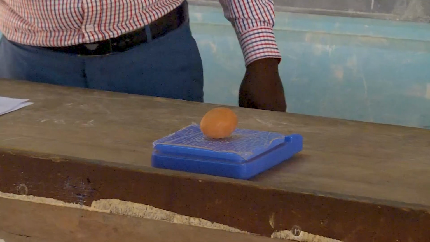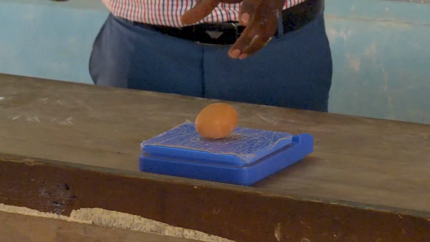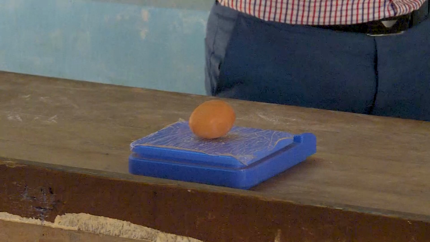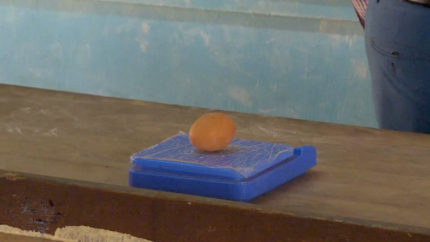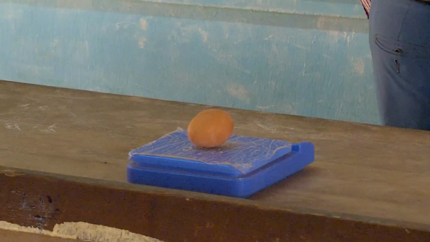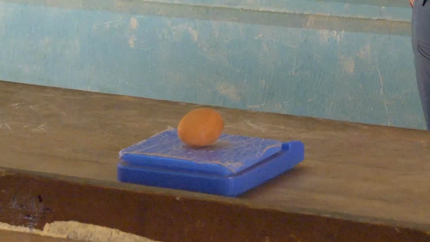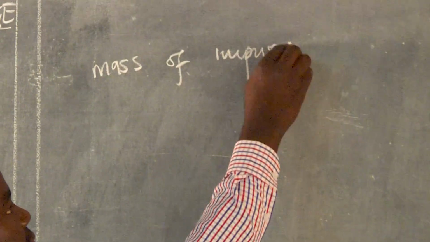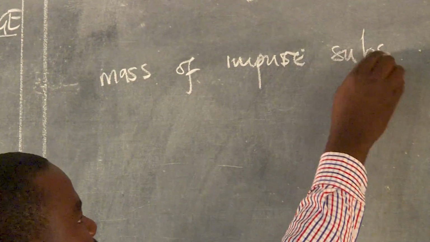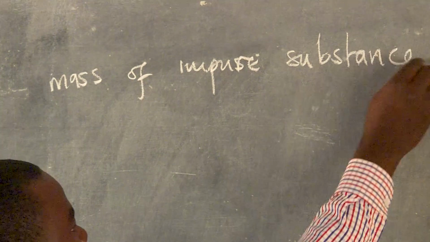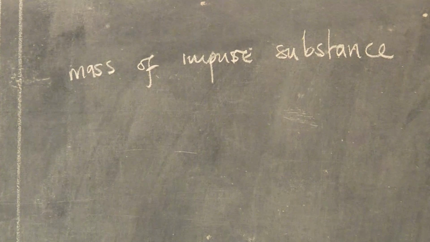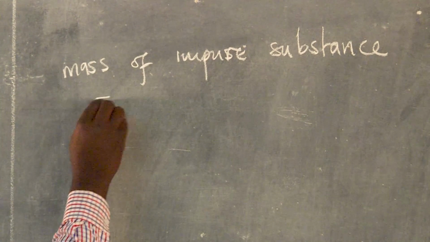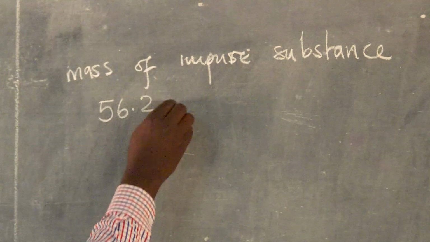The mass it gives me, the egg together with the shells, is what I'll call the mass of the impure substance. In this case, the mass is 56.2 grams.